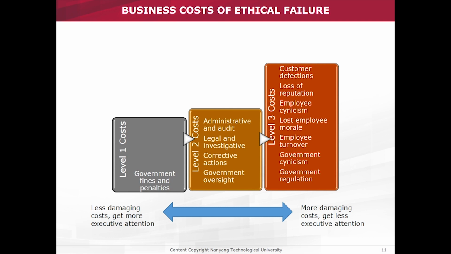Loss of customers due to a drop in reputation is problematic, particularly as the most loyal customers will be most embarrassed by an ethical failure. Increased employee cynicism and decreased morale may even result in higher employee turnover. Government cynicism towards the industry may be affected, resulting in more regulation and tighter industry controls. These are abstract long-term costs that can cripple an organization's efficacy and efficiency.